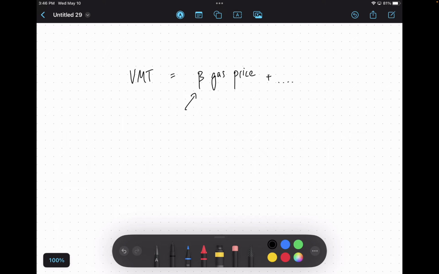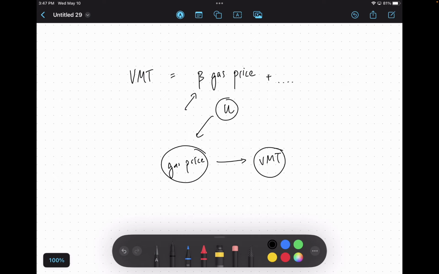But as you can imagine, there are tons and tons of things that affect your VMT. And so we need to come up with a really novel instrument for gas price, right? So we have gas price going to VMT, and then you have a bunch of stuff here.